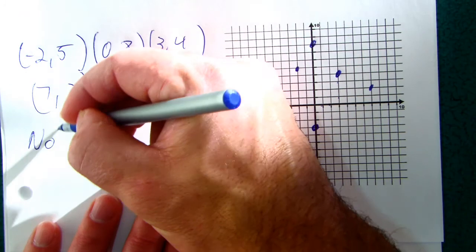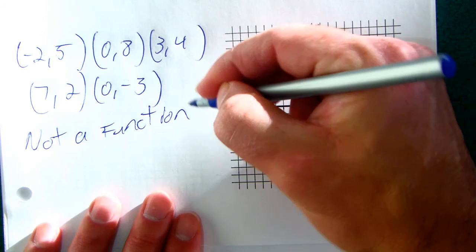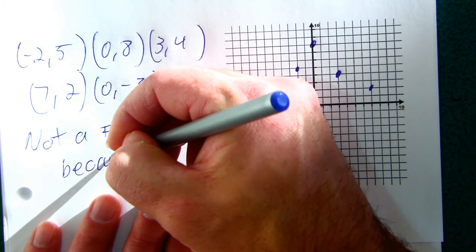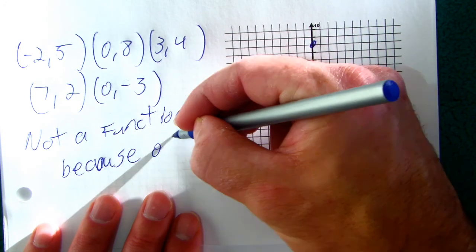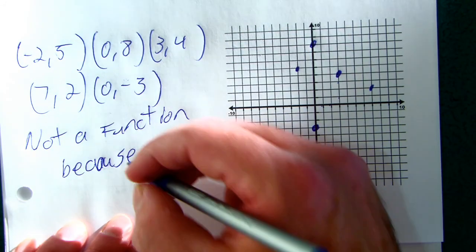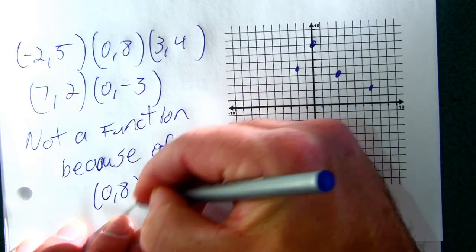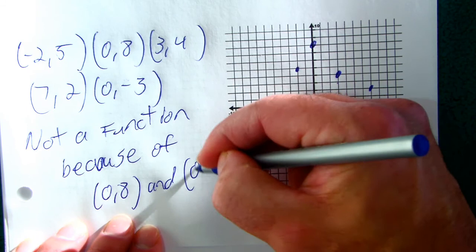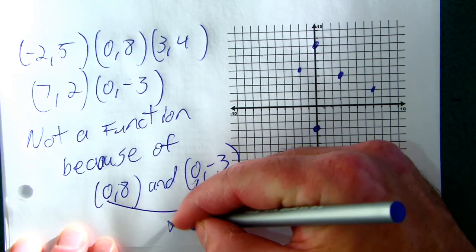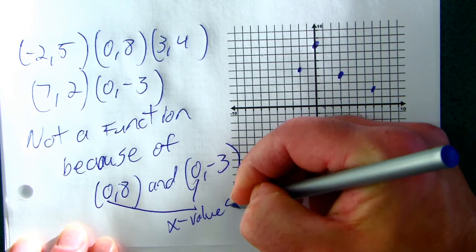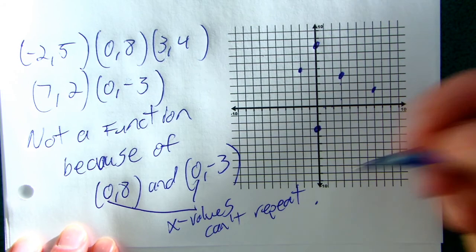So this is not a function because of the 0, 8 and 0, negative 3. Your x values can't repeat.